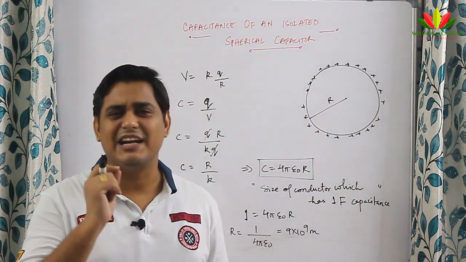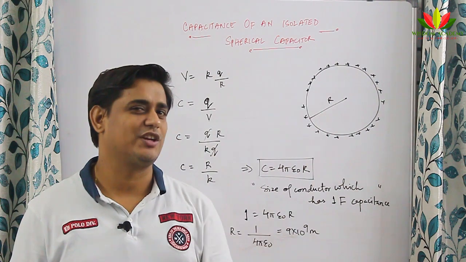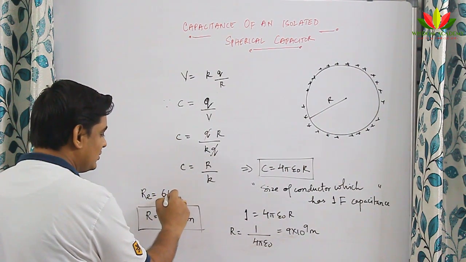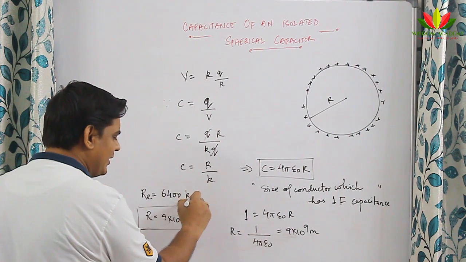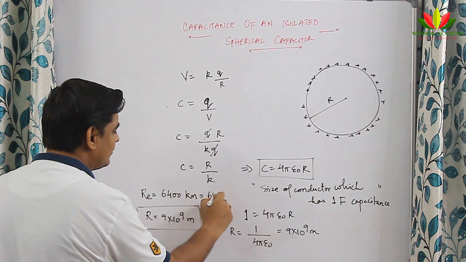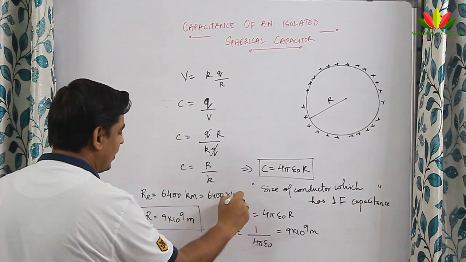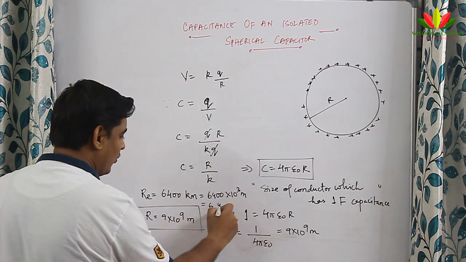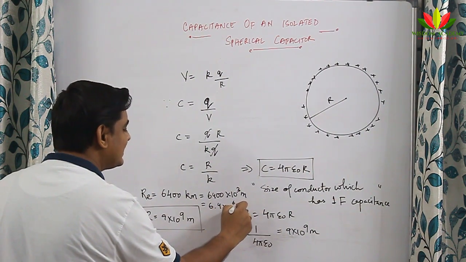You know what is the radius of the earth? You would have studied in your junior classes. The radius of earth itself is 6400 kilometer. I can write 6400 into 10 to the power 3 meter, or I can write 6.4 into 10 to the power 6 meter.